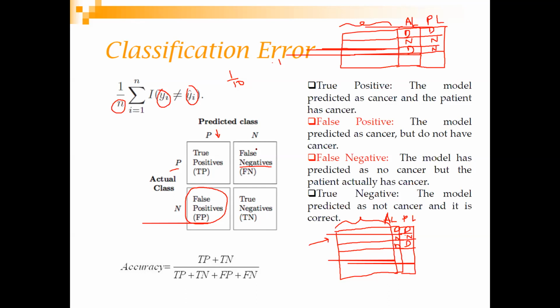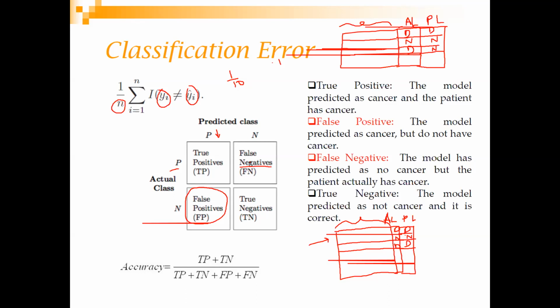So did you understand these two cases: how in spam, false positive has more weightage or more cost associated, and how in suspicious activity detection, false negative has more cost associated? Did you realize that?